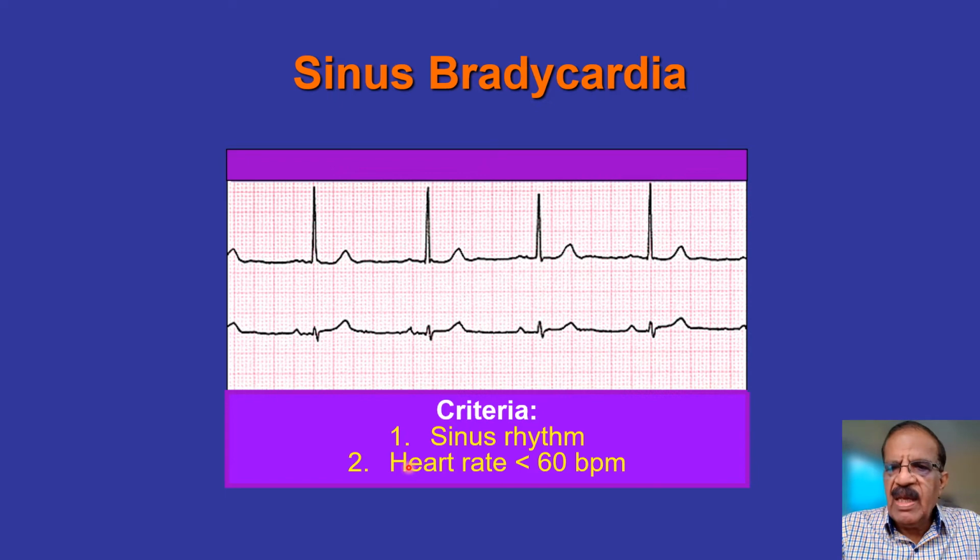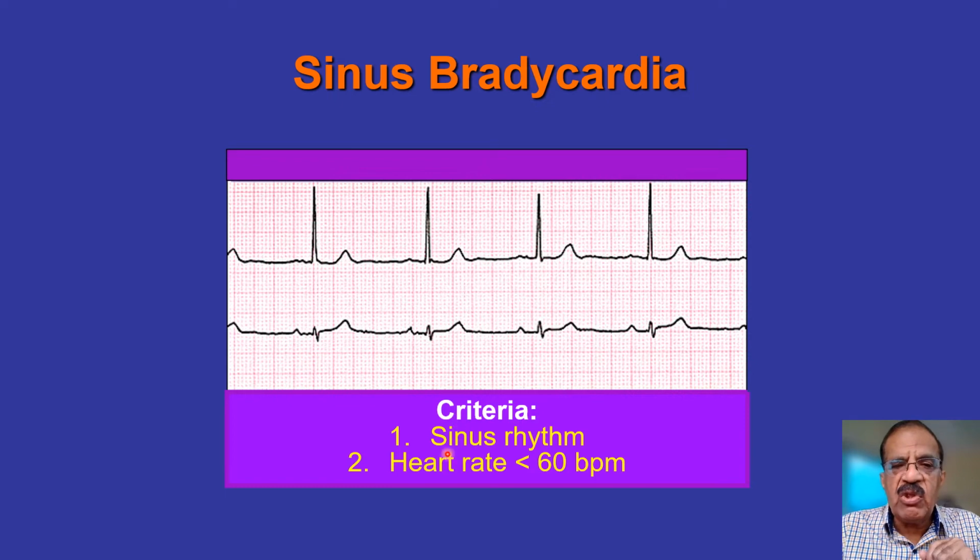Sinus rhythm, how do we say this is sinus rhythm? We have atrial depolarization and we have QRS complexes and we have a normal PR interval. So it appears that every impulse is made in the SA node and after a certain AV nodal delay is conducted into the ventricles, and that is what sinus rhythm is.